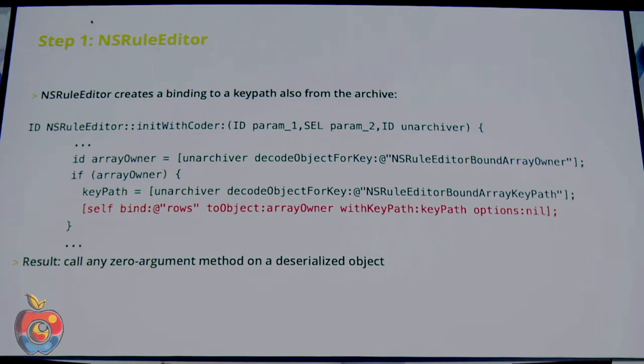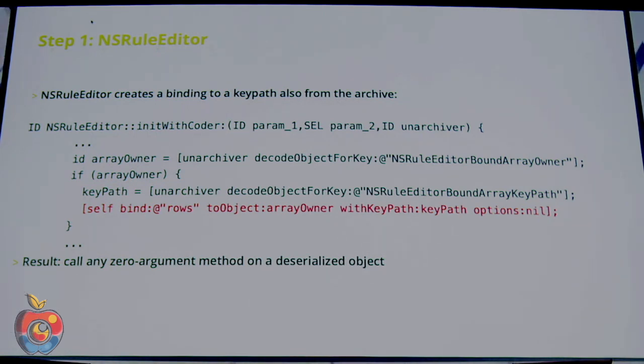For example, you can have your model as a person, and then you create a view with a text field, and you can bind that view to the name of the person. The key path is the name property of that person. If you modify the text field, the model is automatically updated, or if the model is updated, then the view is also automatically updated.